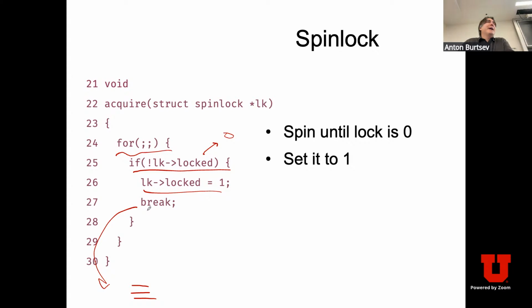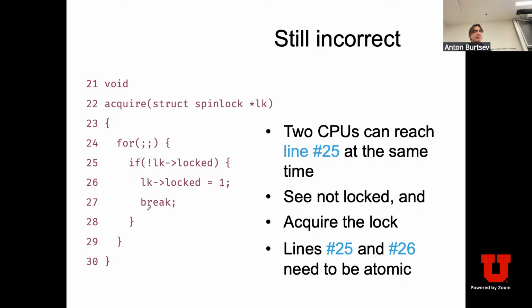Not. Okay, why? Correct. Essentially, two CPUs can reach line 25 at the same time. Again, in my explanation of how it works, this is a load.